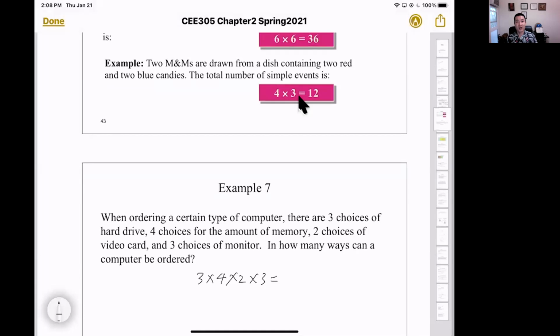We first think about how many operations, how many steps to finish this experiment. In this case, this is ordering a certain type of computer. For the first step, we have 3 choices. Second, 4. So 3 times 4 times 2 times 3.